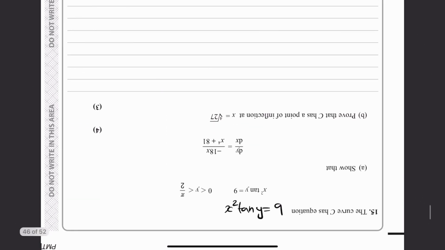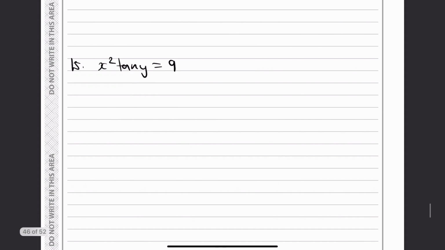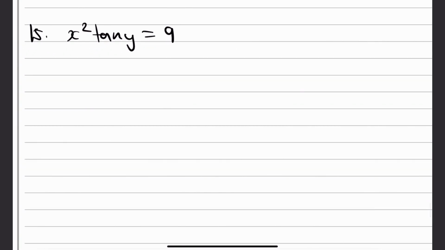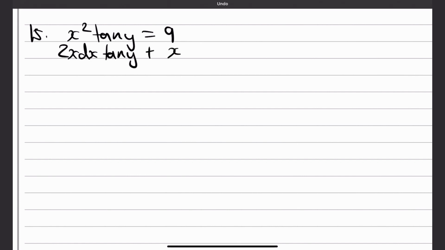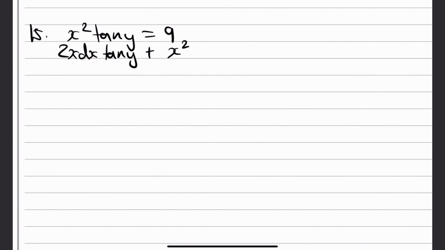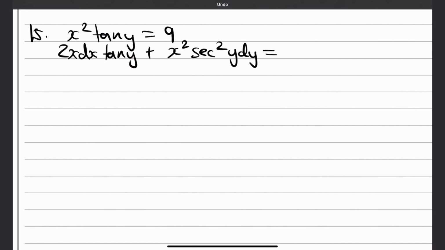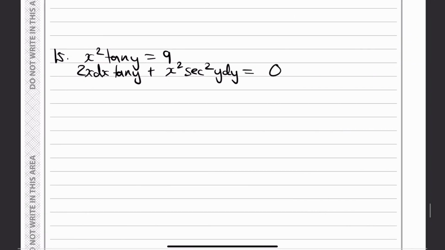Probably just going to differentiate implicitly on this. So use product rule. 2x dx tan y plus x squared, you need to differentiate tan y. I'm pretty sure it's just secant squared y dy is equal to 0. When you differentiate 9, you do in fact get 0.